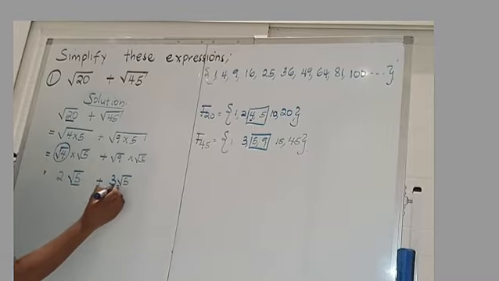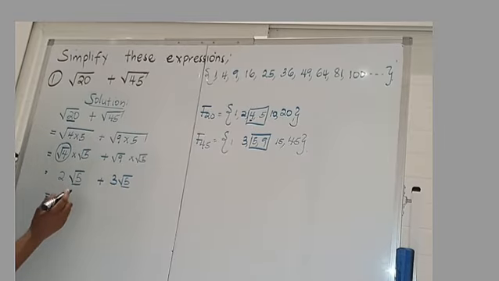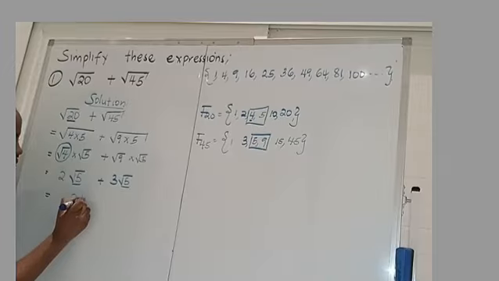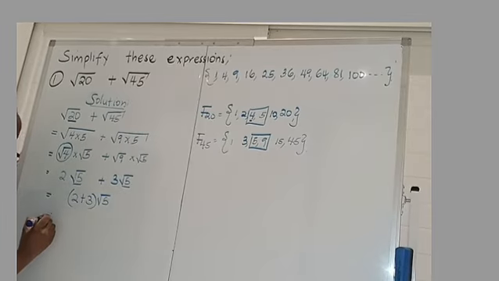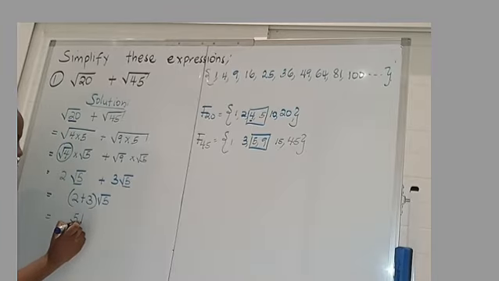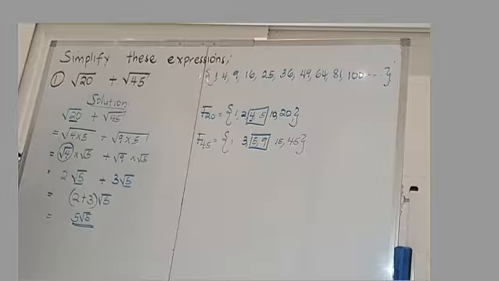You find that this side and this side are the same, so these are like surds. Let us add the scalars. That is 2 plus 3, root 5, and the answer is 5 root 5. That is our answer.